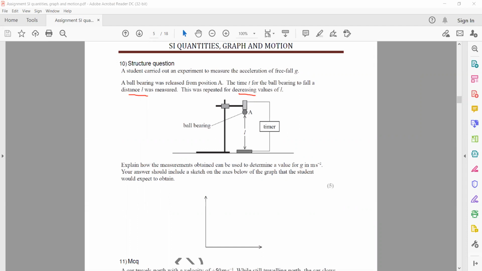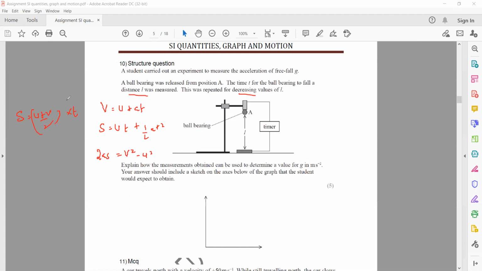So we can use the equations of motion here. We have different equations of motion, like v equals u plus at, s equals ut plus half at square, 2as equals v square minus u square, and s equals u plus v divided by 2 multiplied by t.